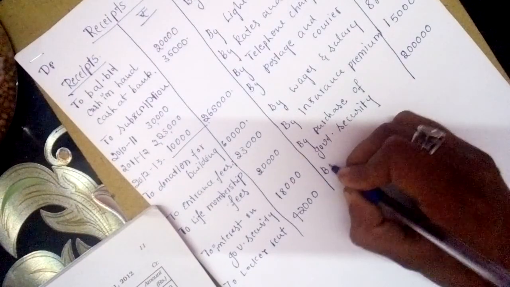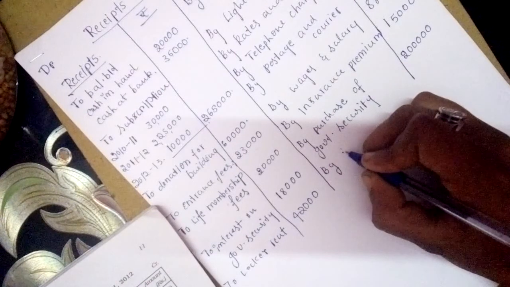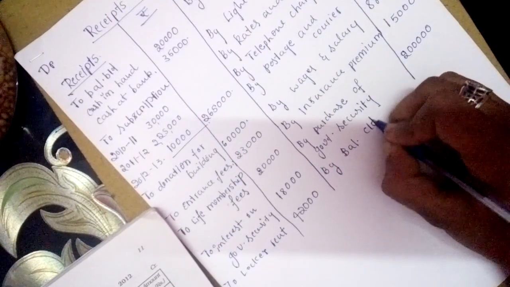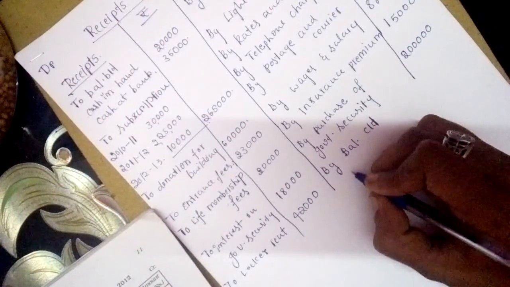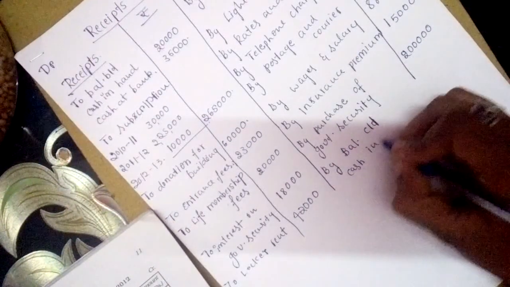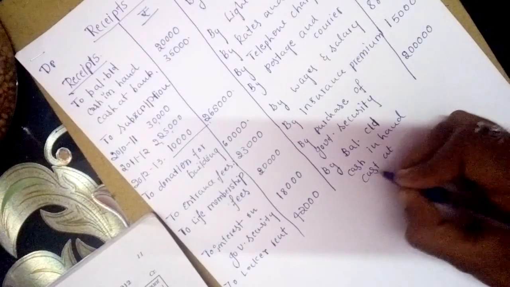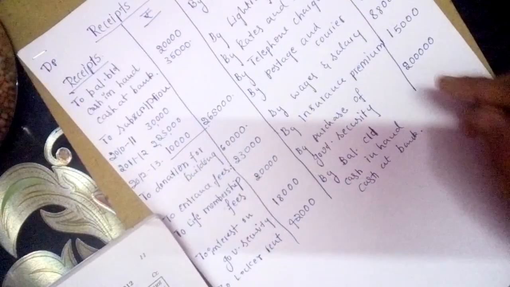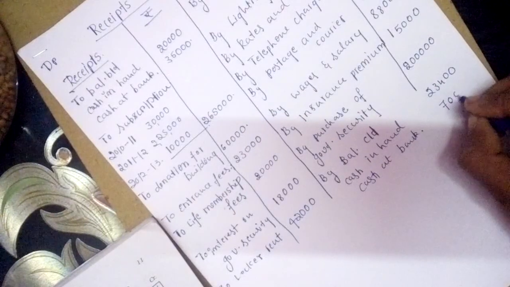So by balance carried down, that is cash in hand, cash at bank, which is 23,400 and 70,000.